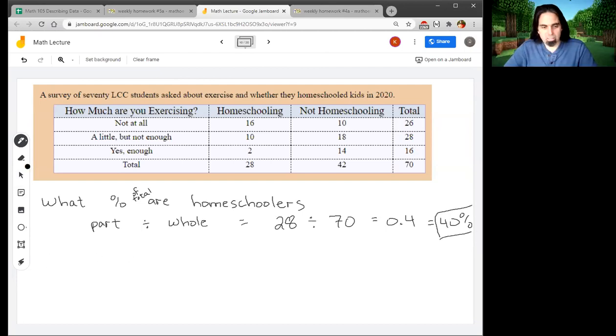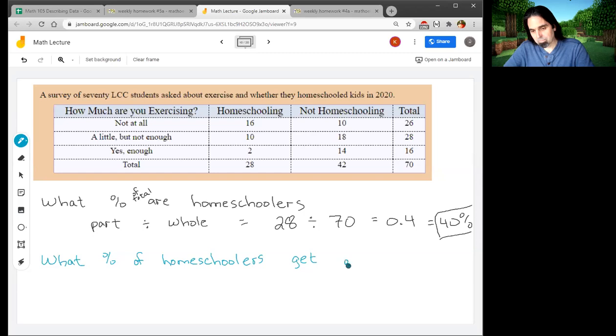We could also ask what percent of the homeschoolers are getting enough exercise. That's still part divided by whole to find a percent.